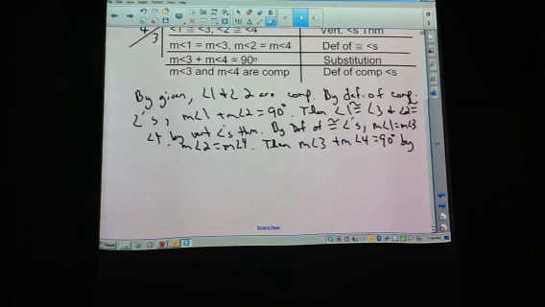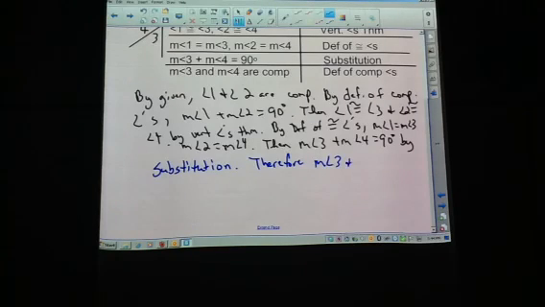There we go. By substitution. And therefore, the measure of angle 3 and the measure of angle 4 are complementary by definition of complementary angles.